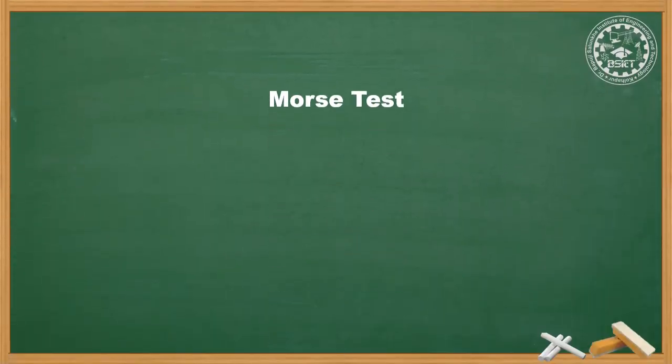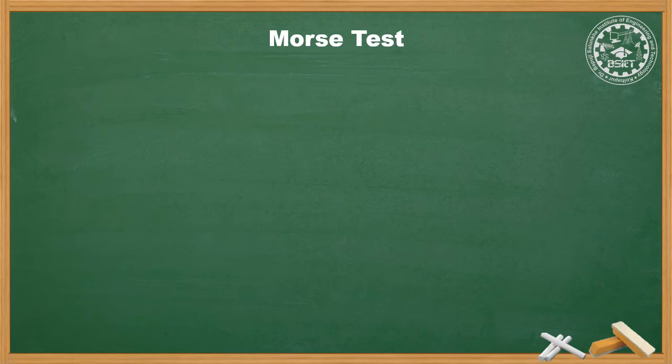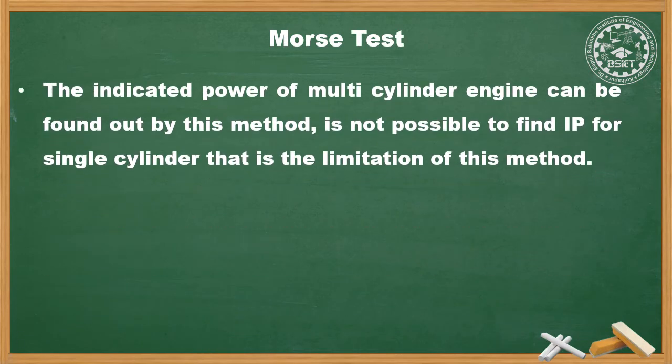The first part, Morse test. The Morse test is a simple, rapid and fairly accurate method for determining the indicated power of a multi-cylinder engine. It can be used to find the indicated power of a multi-cylinder engine. It is not possible to find indicated power for a single cylinder.